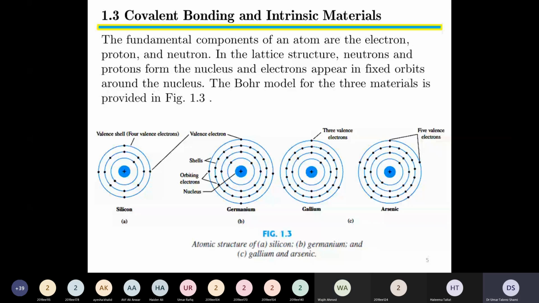So we have ionic bonding, where one atom completely absorbs the electron of another atom and becomes ionized, but it completes its octet. The second technique is covalent bonding, where two atoms of different elements share electrons with each other, so that both atoms complete their outer octet.